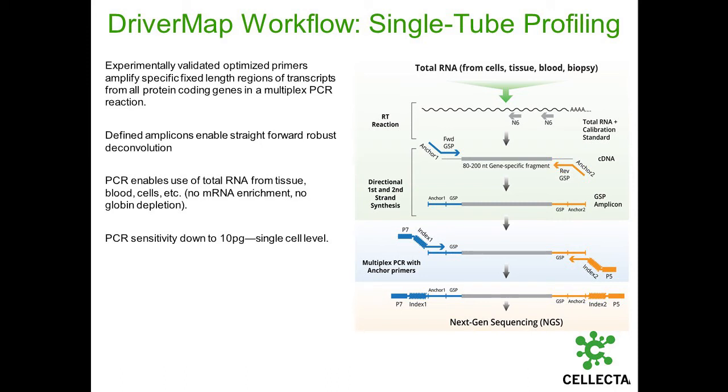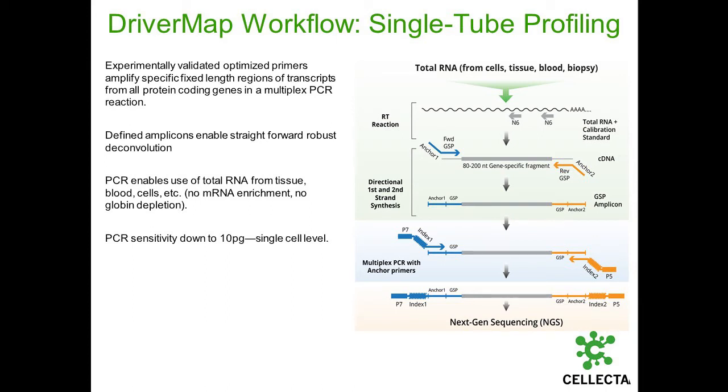With the DriverMap platform, we've combined the simplicity and sensitivity of qRT-PCR, but on a more global genome-wide scale that gives you comprehensive data, similar to what you would get for RNA-seq. We were able to successfully do this by developing a set of 38,000 primers, 19,000 PCR primer sets, that target all 19,000 human protein coding genes in a single multiplex reaction.